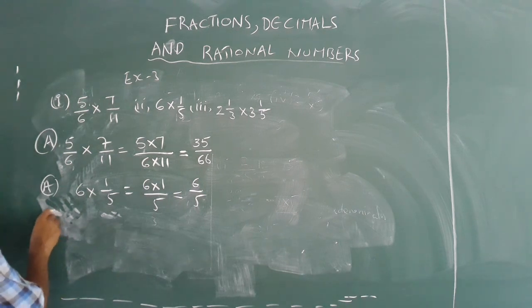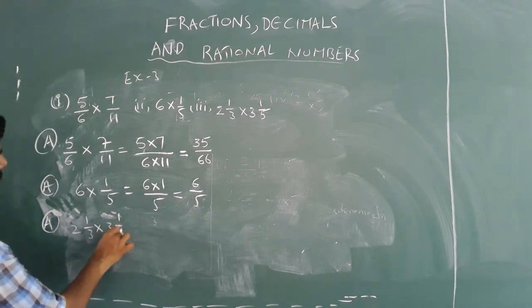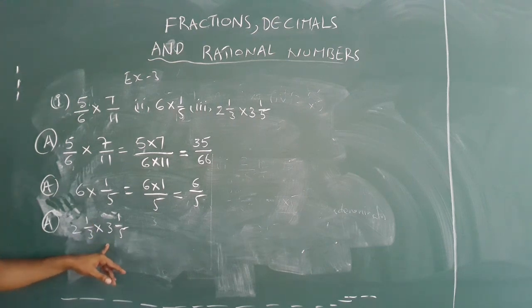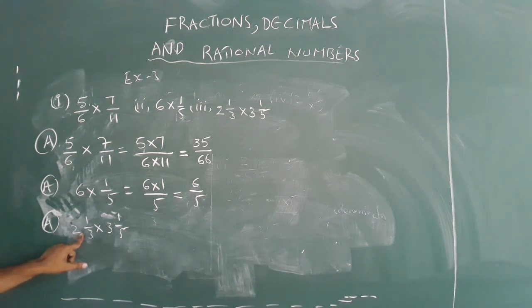Next, third bit answer. What is that? 2 1 by 3 into 3 1 by 5. See children, these two fractions are which fraction, children? Mixed fractions. So these two mixed fractions are converted to improper fractions.